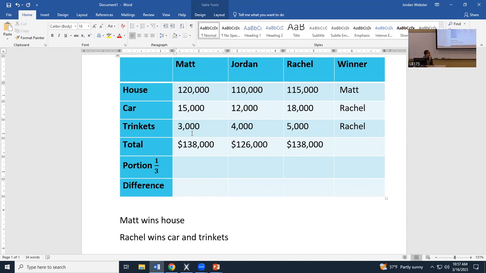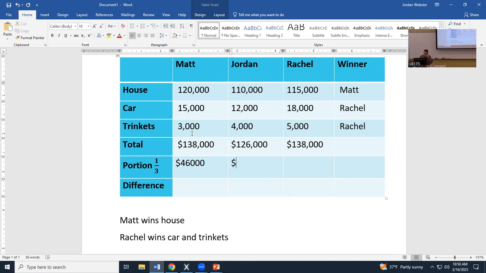Well, he should walk away with a third of that number. Does that make sense? Since there's three people, his portion should be a third of 138,000, which is 46,000. That's the hardest part for people to understand. Everybody get that? 46,000.